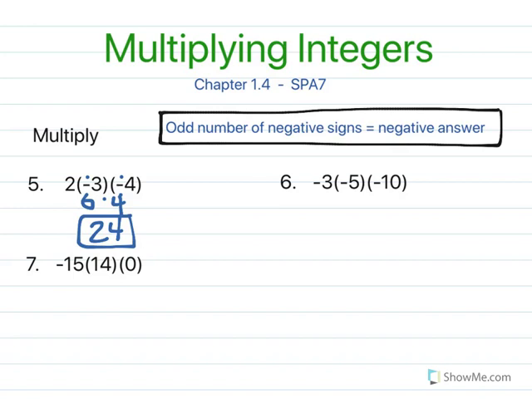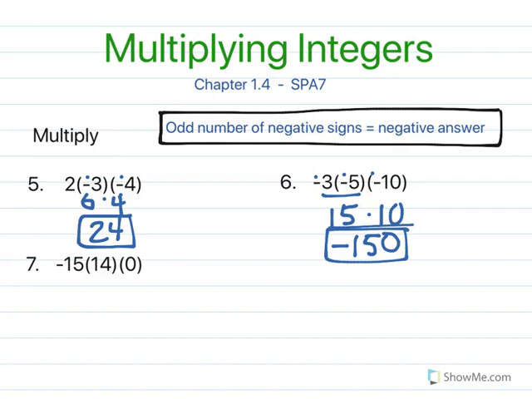Let's look at number 6. I do 3 times 5, which is 15, times 10, and 15 times 10 is 150. Now I count my negative signs. I have 1, 2, 3 negative signs. 3 is an odd number, so I'm going to give it a negative sign, so it's negative 150.